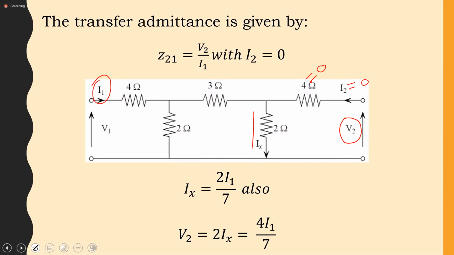Okay, which means that the voltage here would be V2. Do you agree with that? Yes, sir. Now, I1, would all of I1 pass through the 4 ohm resistor? Yes, sir. And when it gets to this point, what happens to it? It splits between the 2 ohm and the 5 ohm resistor.